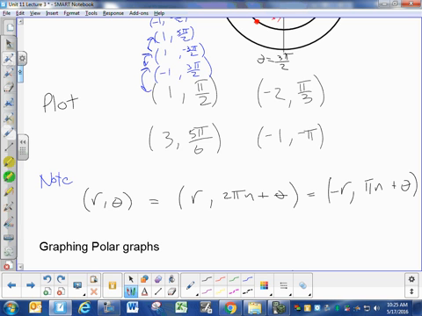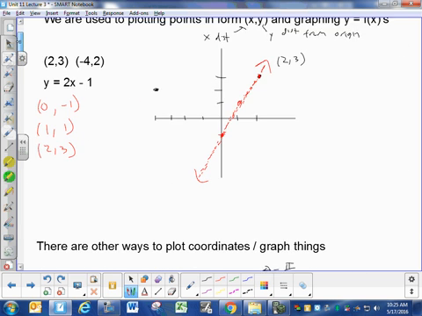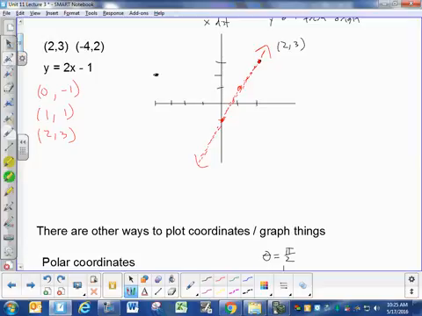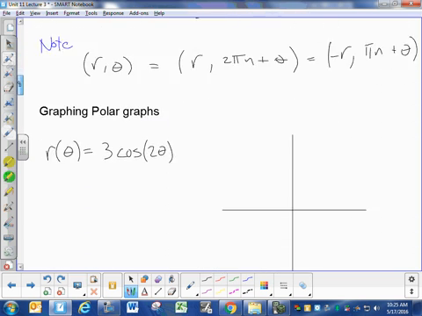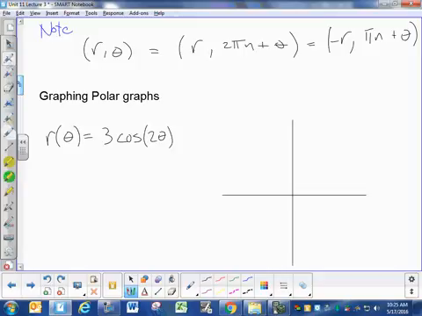Now, we already graphed a Cartesian y equals 2x minus 1, where we took x's, like x equals 0, x equals 1, x equals 2, and we found y's. We can graph polar equations as well. Equations for polars are typically r equals some function of theta.